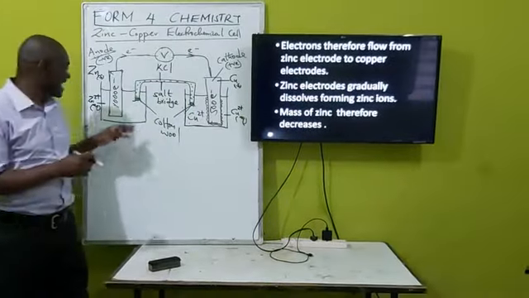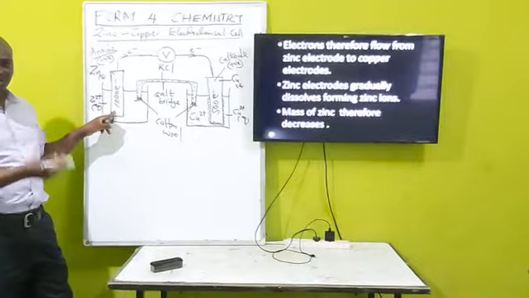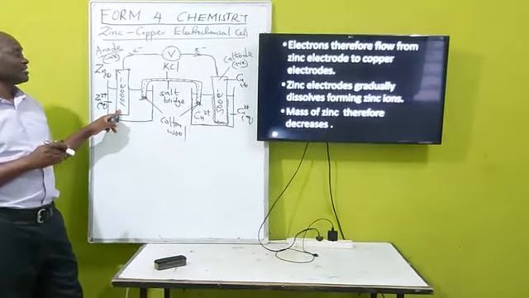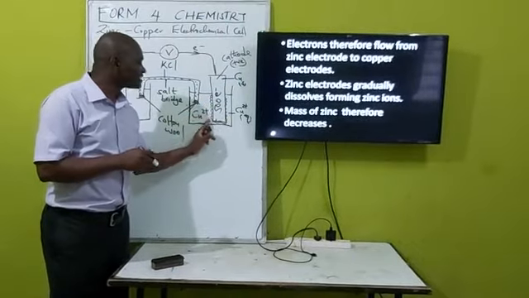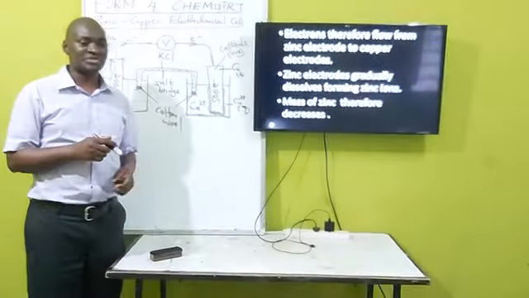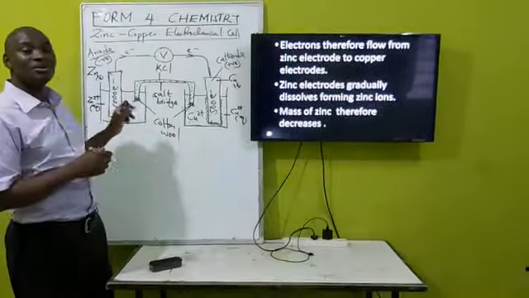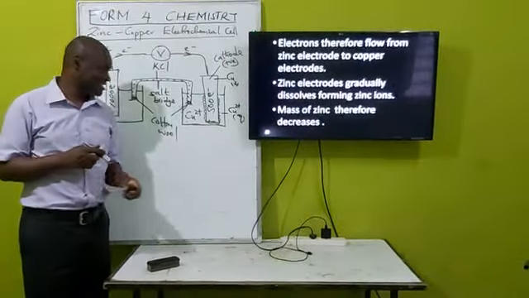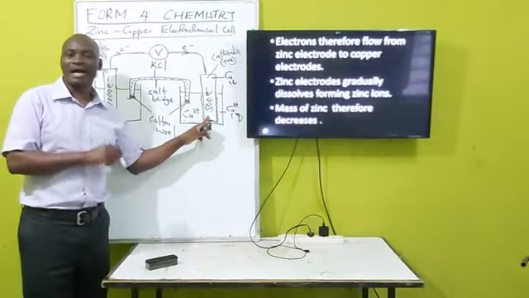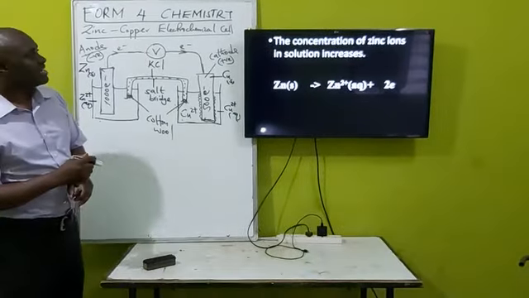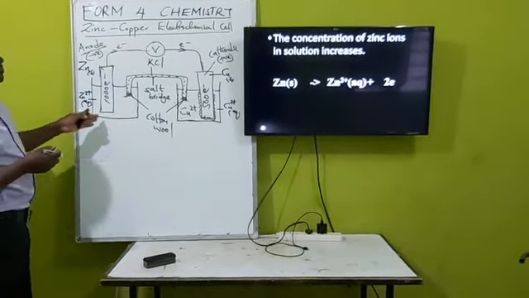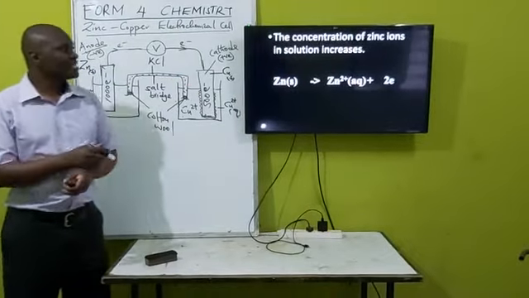So the zinc electrode will dissolve gradually, while copper will be deposited on the surface of the copper electrode. The mass of zinc will therefore decrease, while the mass of copper will increase. Now, then we get the two equations.